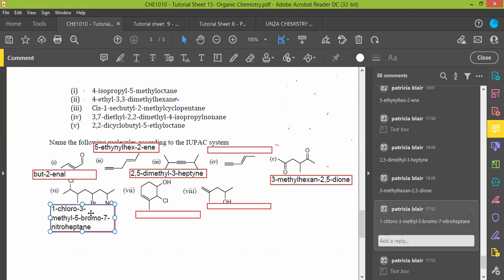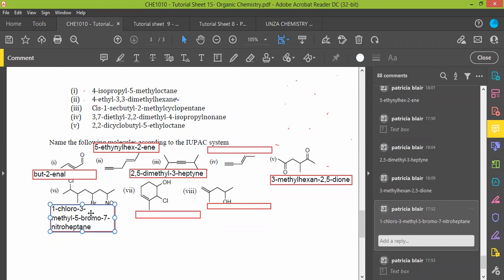and you will actually find that these functional groups are not functional groups that attain suffix. So what I mean is you can't really put them at the end of the name.